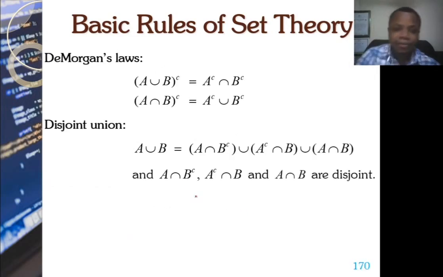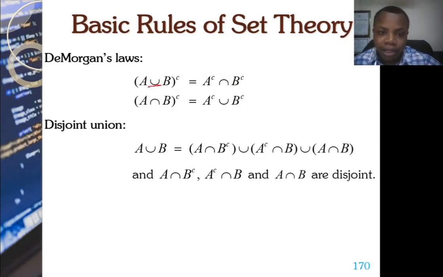So now let's look at another interesting one called De Morgan's law. De Morgan's law talks about their complement. Anytime we have two events such as A and B, and we have A union B, complement, this is the same as A complement intersection B complement.